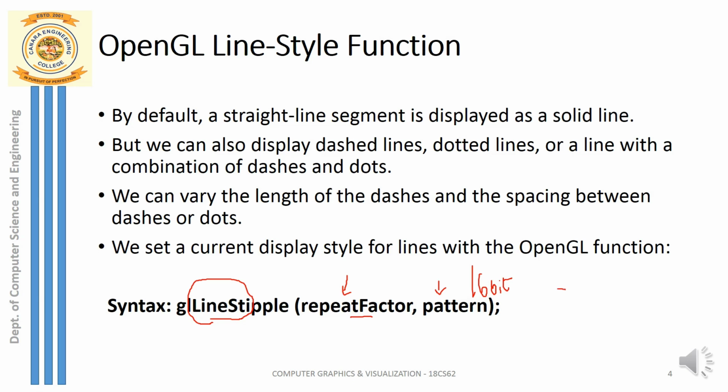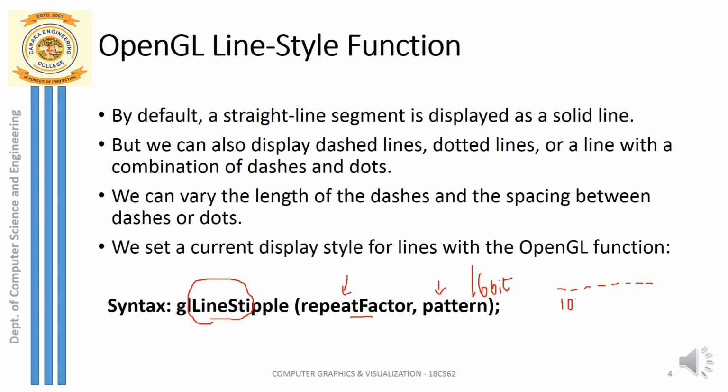If I want to draw a dashed line, a horizontal straight line like this, it follows a particular bit pattern. A dash indicates bit pattern 1, and the space between two dashes indicates bit pattern 0.